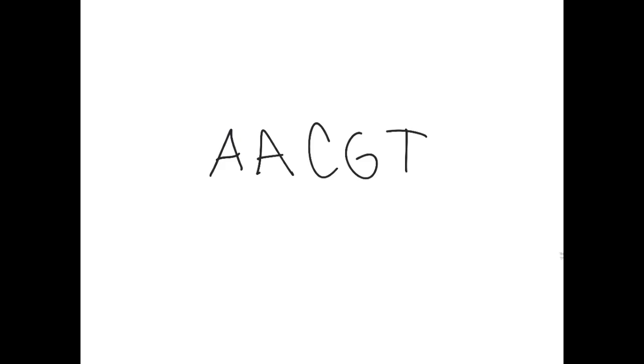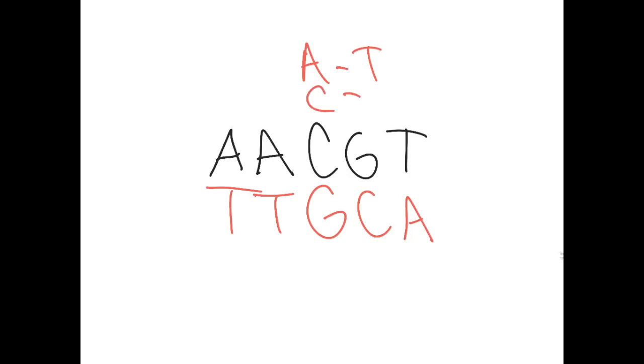Based on those rules that I just gave you, you would know that it's going to be something like this, because A has to match with T, C has to match with G. So based on these two sides of your DNA strand, you can figure out what should be there. It also gives enzymes a chance to correct itself a little bit later. We'll talk a little bit more about that next week, probably.